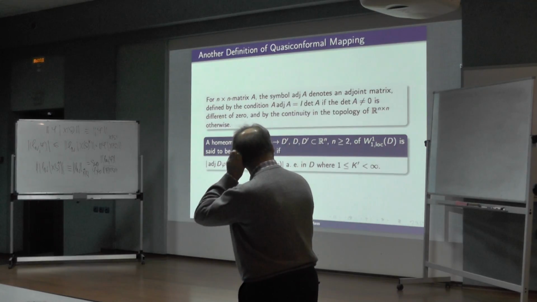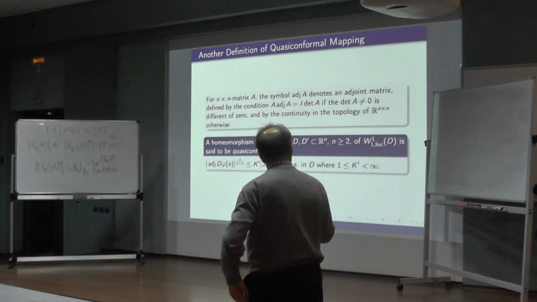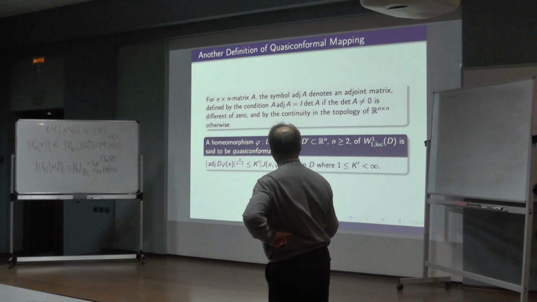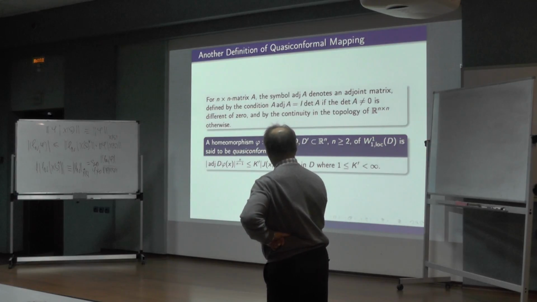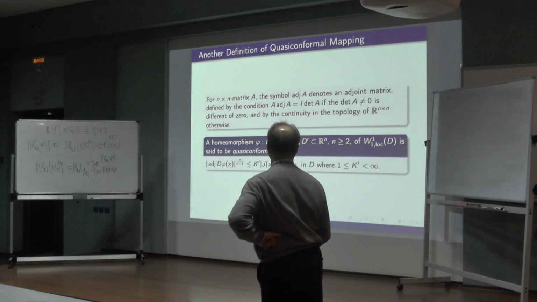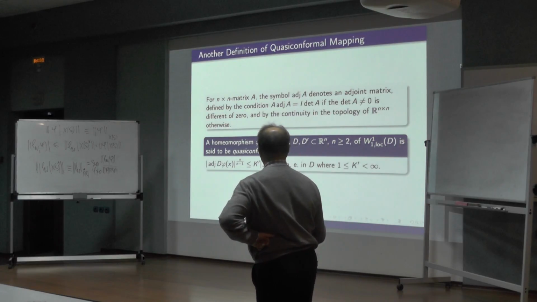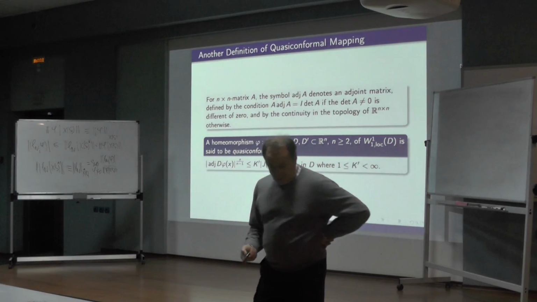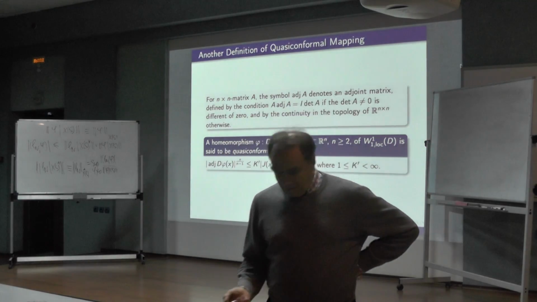And a homeomorphism phi from D to D prime of Sobolev class W^1_1 is said to be quasi-conformal if this inequality holds almost everywhere. And what is the difference between this definition and the previous one?